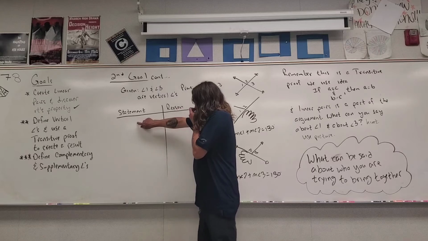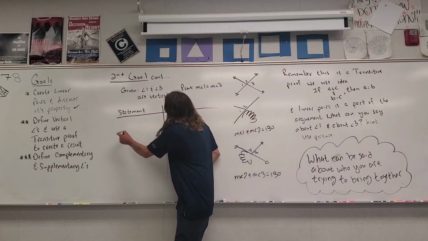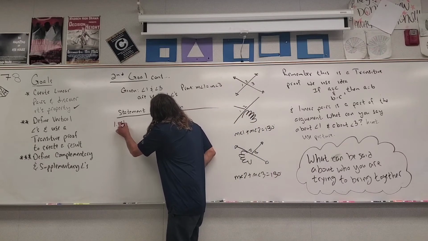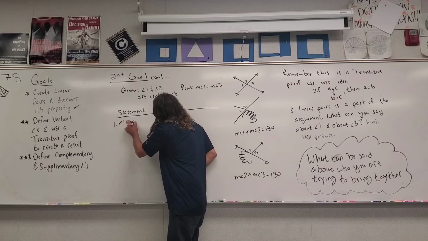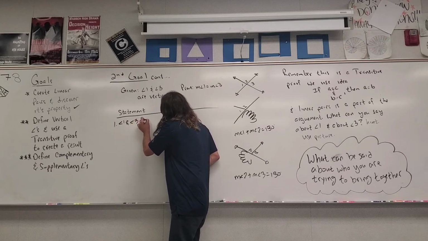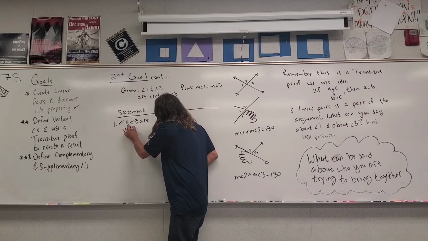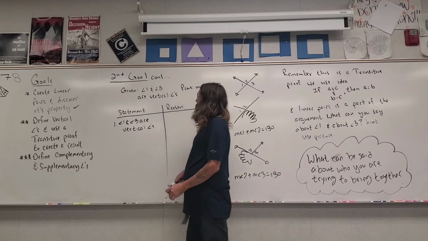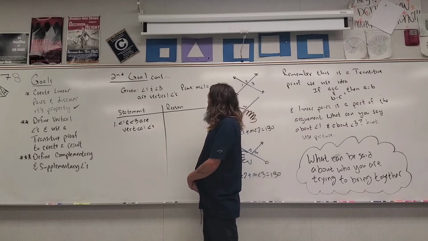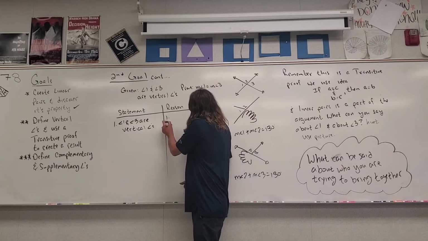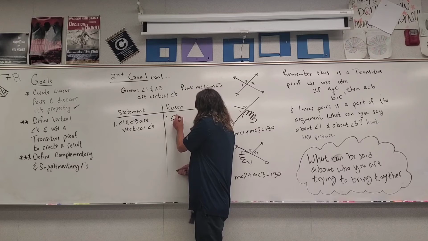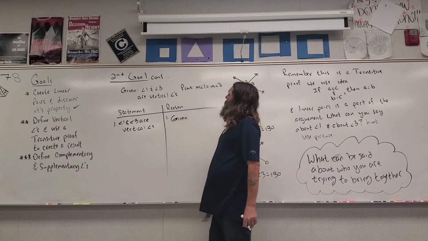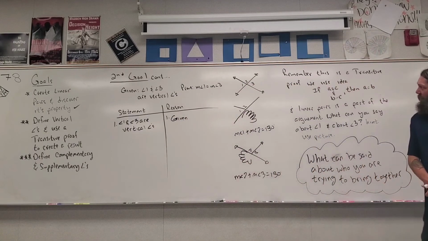Okay, so we know our first statement and we know our first reason. So our first statement is angle 1 and angle 3 are vertical angles. And the reason that they're vertical angles, or we can say this, is that's given to us. Now, I can also say that angle 1 and angle 2 are linear pairs, as well as angle 2 and angle 3.